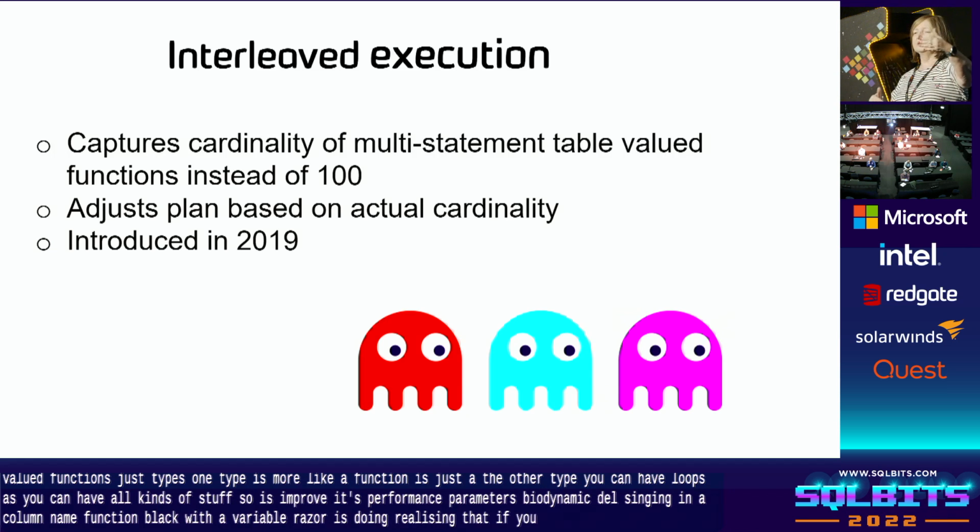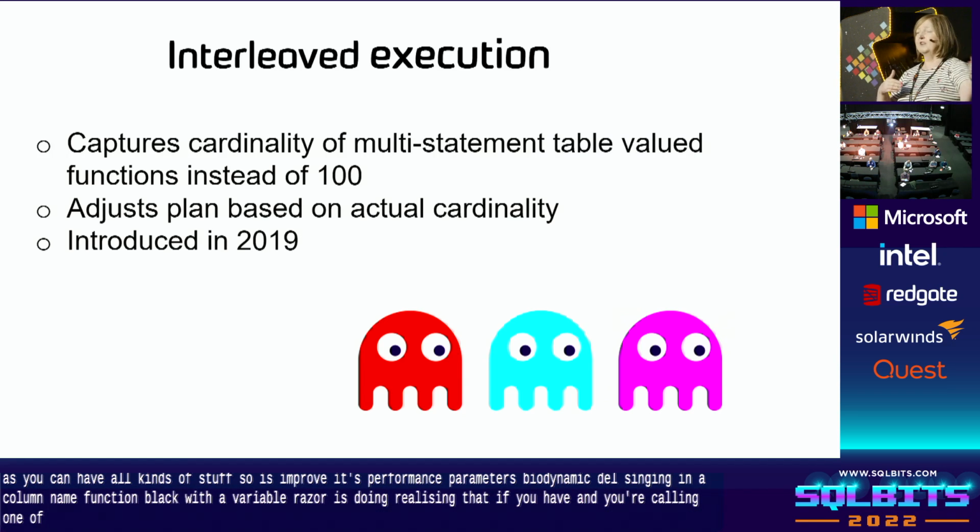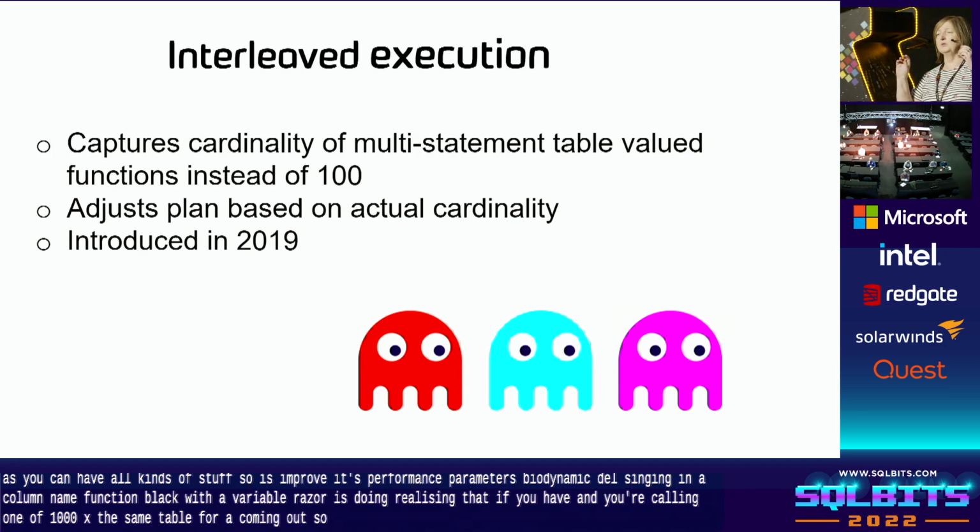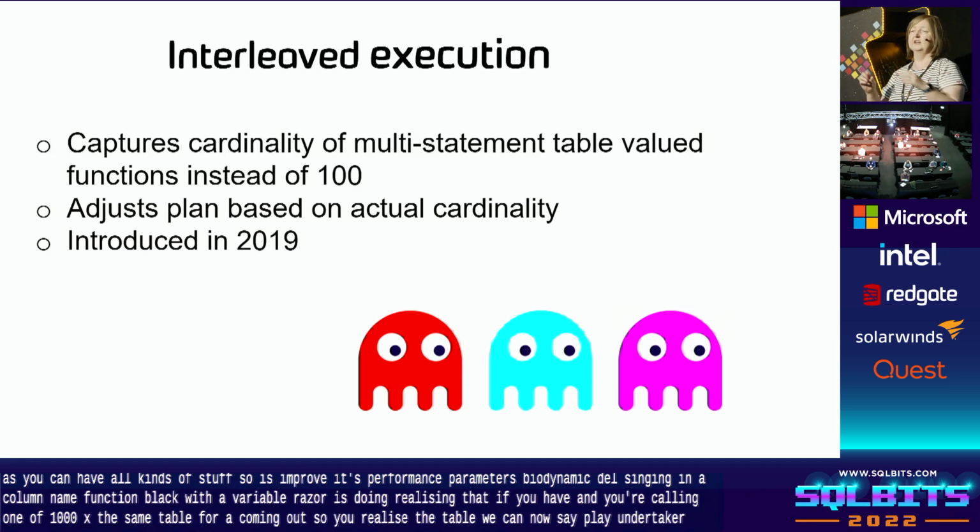If you have 1,000 rows coming back in your table and you're calling one of these, it's going to run 1,000 times. But in this case, it's always the same table for every row if we've got hard-coded values coming in. So SQL Server will now materialize the table. You don't have indexes, you don't have statistics, but at least we can now say, hey, we know how many rows are in here, and we can at least adjust the plan to take care of that.